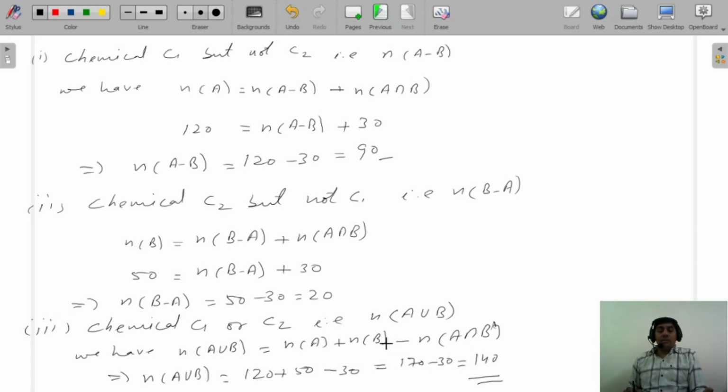So the number of individuals exposed to chemical C1 or C2 is 140.